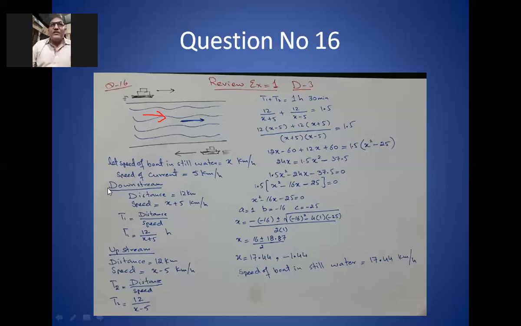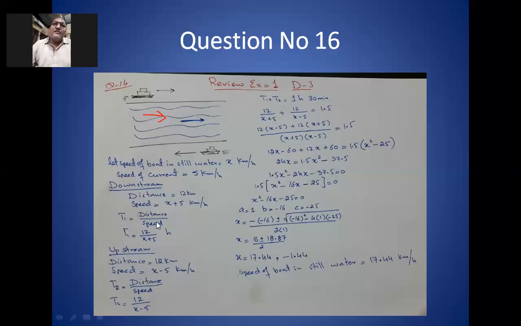When moving downstream, the distance traveled is 12 kilometers, and because you are moving in the direction of the water, the water will help you, so your speed will increase. The speed of the boat will become x plus 5 kilometers per hour. This is the concept of relative velocity.